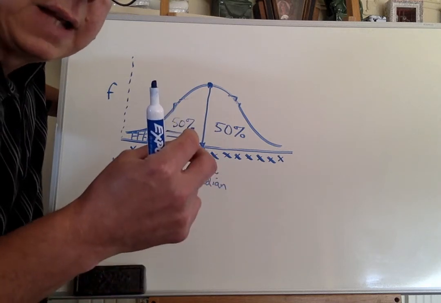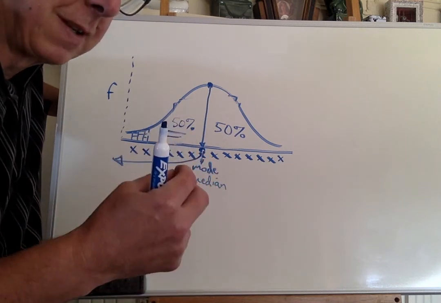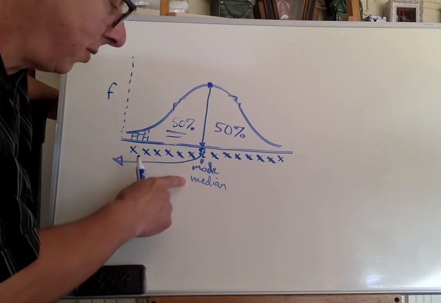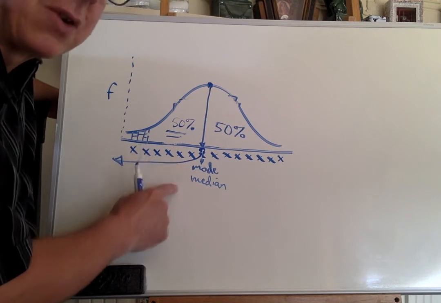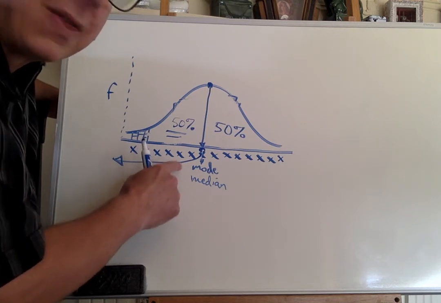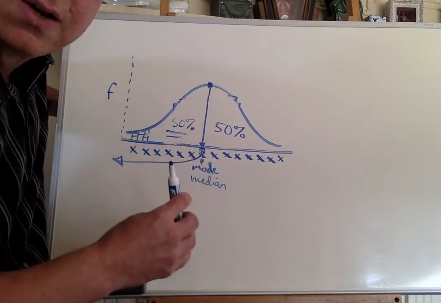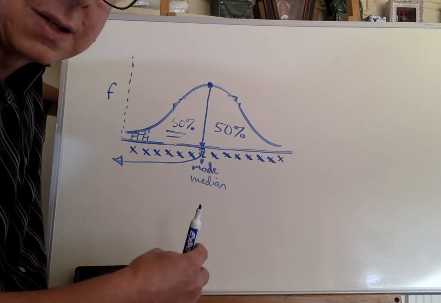Now, this is something else you must think about and maybe unlearn from high school. These two concepts are not synonyms. They are not the same thing. They end up falling at the same place on a normal curve. That's a coincidence, okay?